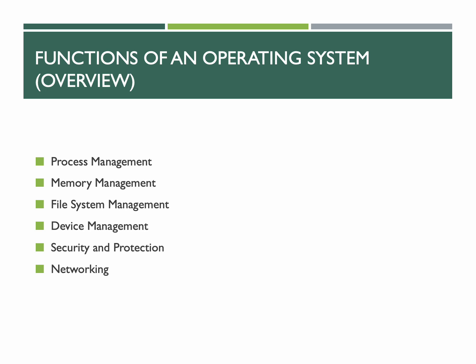Process management is one of the core functions of an operating system. It involves creating, scheduling, and terminating processes. For instance, when you open multiple applications such as a browser and a word processor, the operating system ensures that each process gets enough CPU time without interfering with each other. That's how process management works.